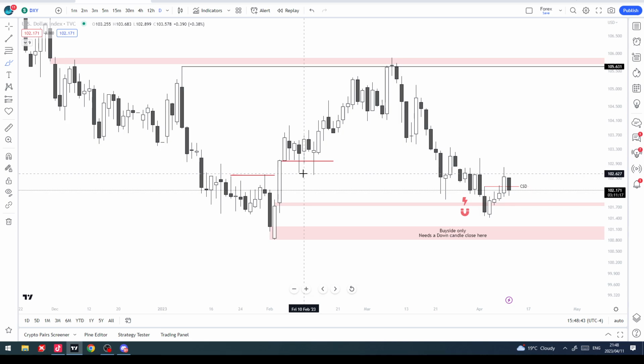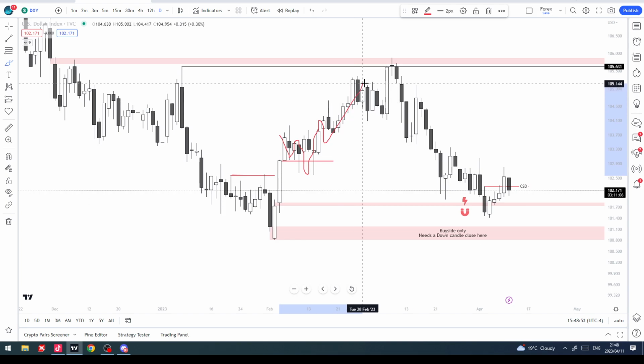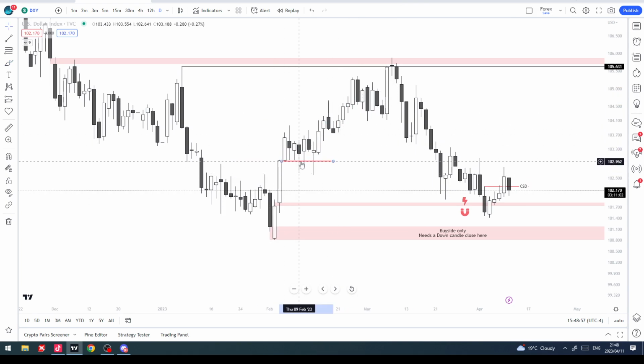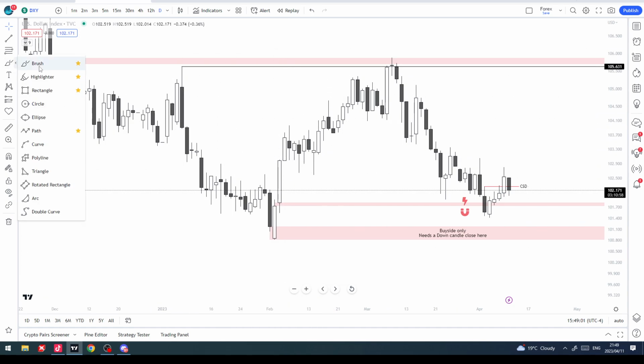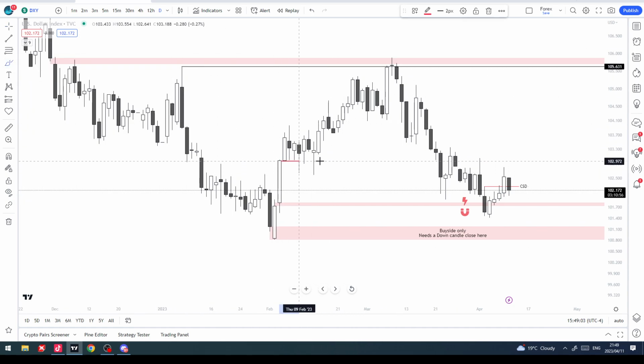If you want to think about it in terms of a model: accumulation, failure swing, OLR, push, retrace, continuation. You see that? So the low of the very next candle that broke the high becomes liquidity here.